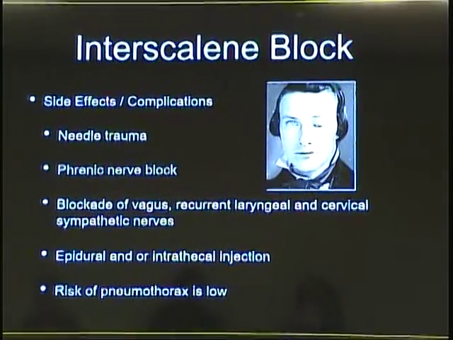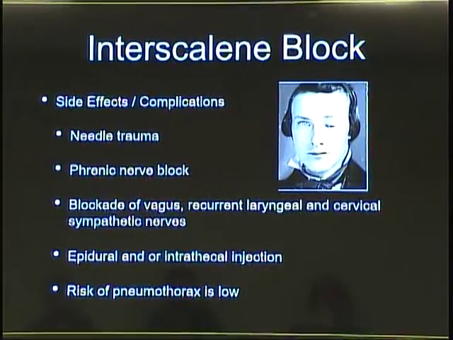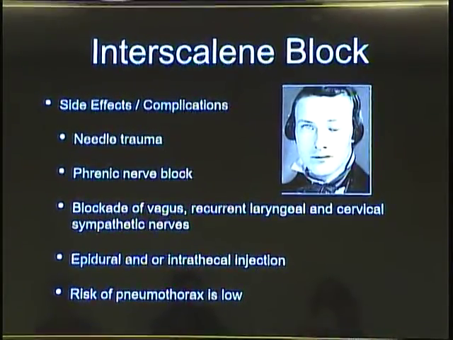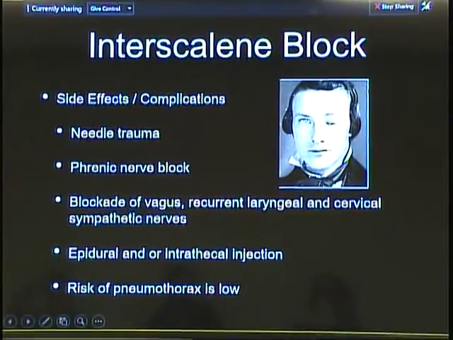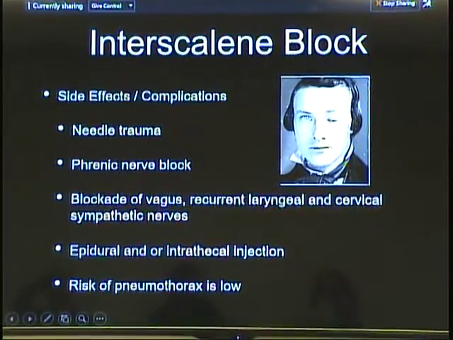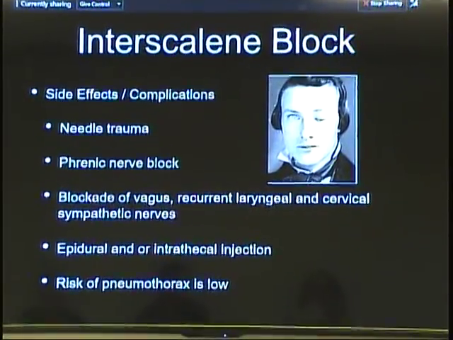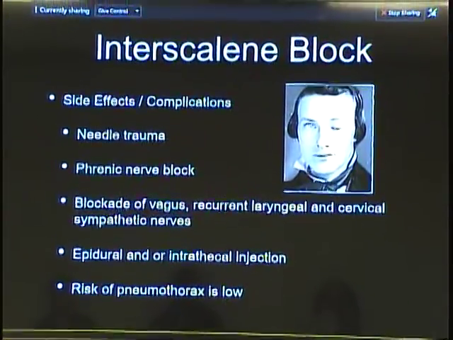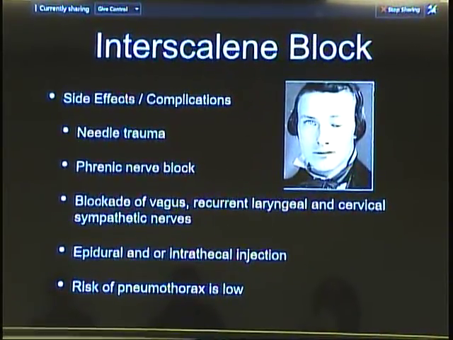High spinal means none of the phrenic nerves are working. You're going to have a seizure or CNS depression. So those things you've got to be aware of. However, even though you can get that phrenic nerve block, you're pretty far away from the lung up here. It's mostly muscle, so the chance of actually getting a pneumothorax is pretty low. So that's nice.